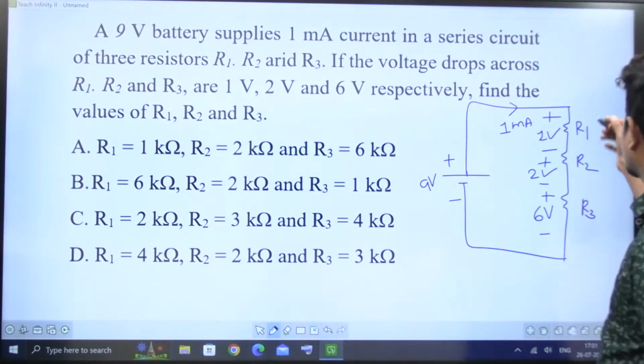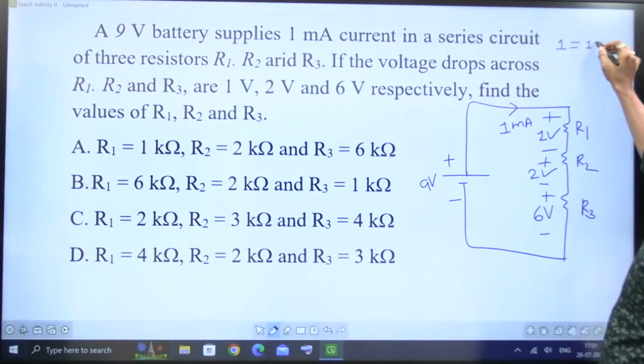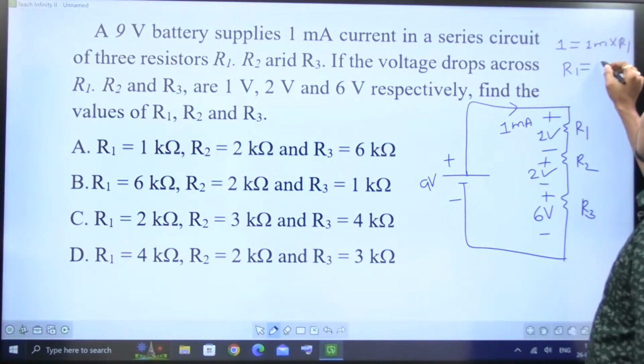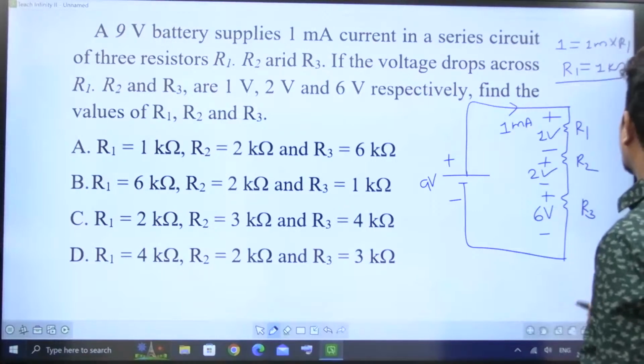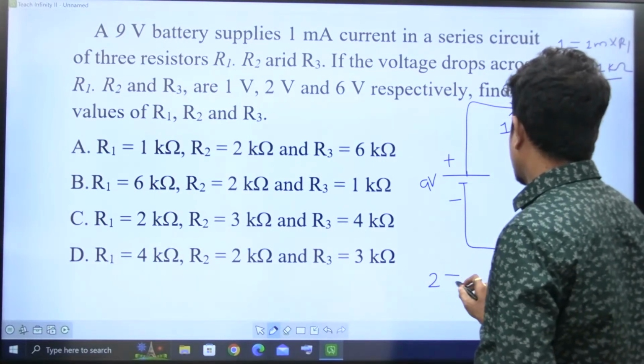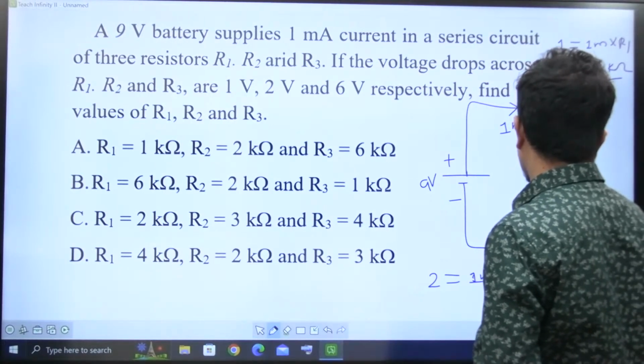Very simple question. What is voltage across R1? 1 is equal to I, which is 1 milli, into R1. So R1 is equal to 1 by 1 milli, which is nothing but 1 kilo ohm. And for R2, voltage is equal to current, 1 milli, into resistance R2.